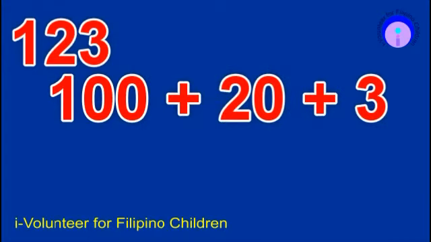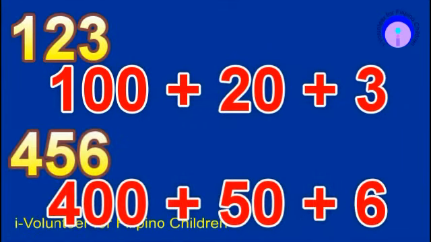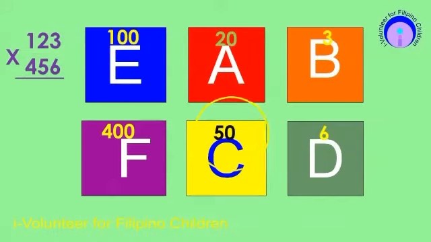Let's expand 123 and then 456. Letter E gets the value of 100 while A has 20 and B has 3. For the multiplier, F gets 400 while C gets 50 and D gets 6. Now, are you ready to multiply?